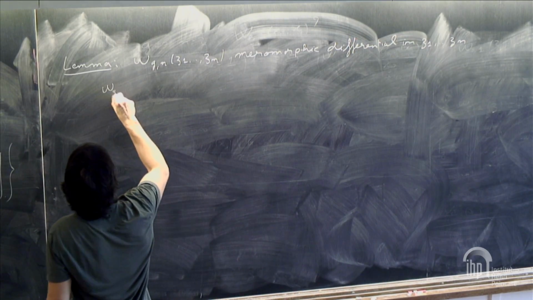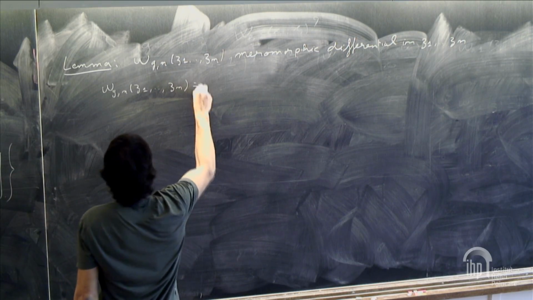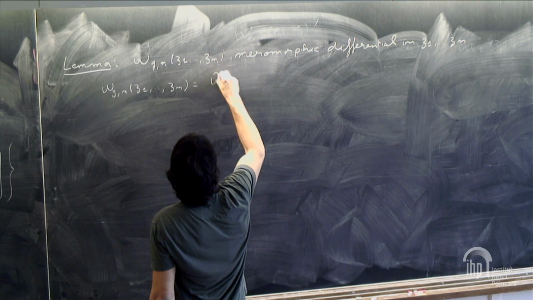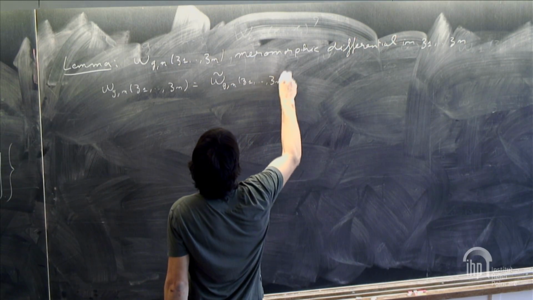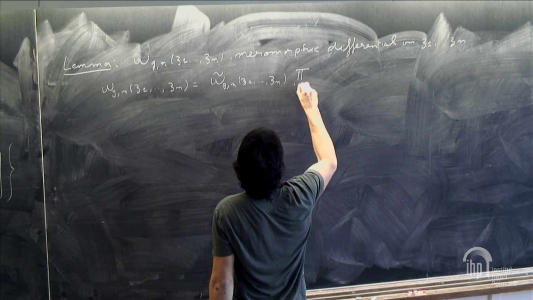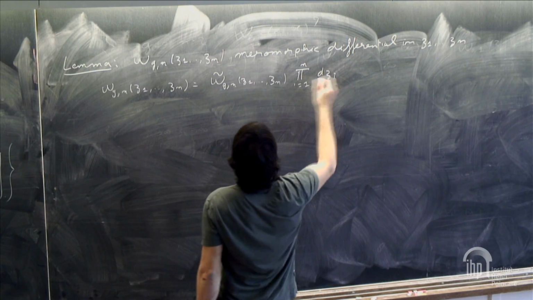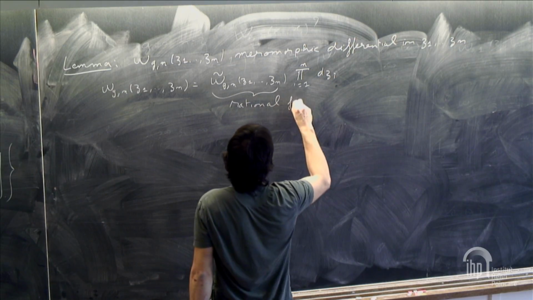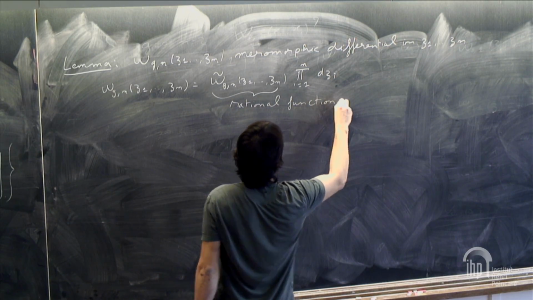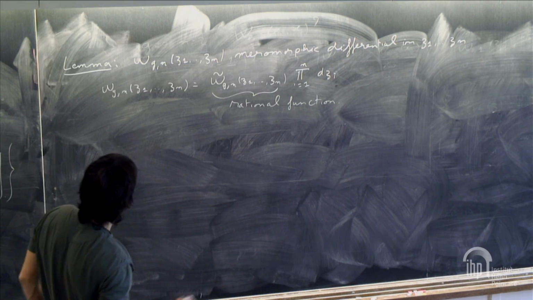What I mean by that is that omega g,n of Z1 to Zn, you can write it as omega twiddle g,n of Z1 to Zn, product from i going from 1 to n dZi, where this is a rational function. And once again, when I've got a rational function, I've got a lot of information already.